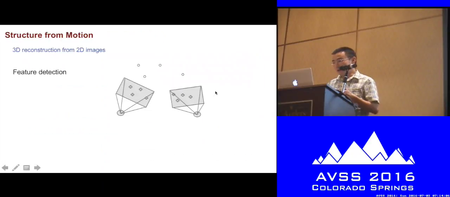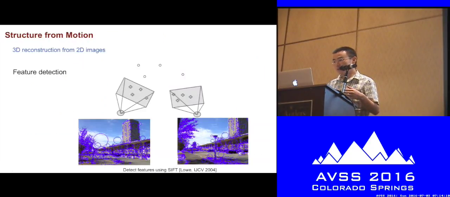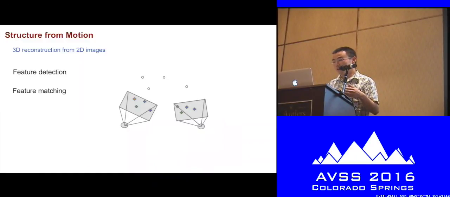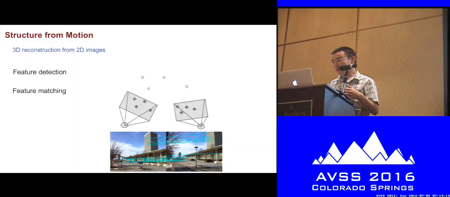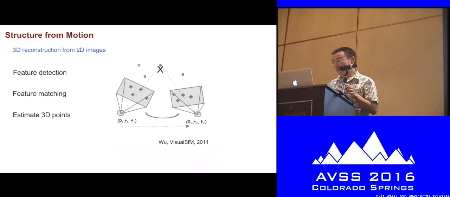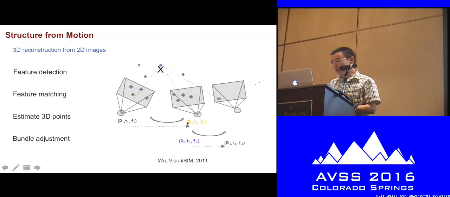Basically, it works by detecting features and then matching the feature points. Based on the matched correspondences, we can use triangulation to recover the 3D location, the depth information, and there's a lot of work based on that. For example, VisualSFM is very easy to use to reconstruct the model.